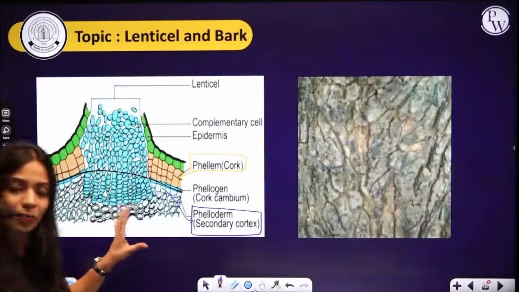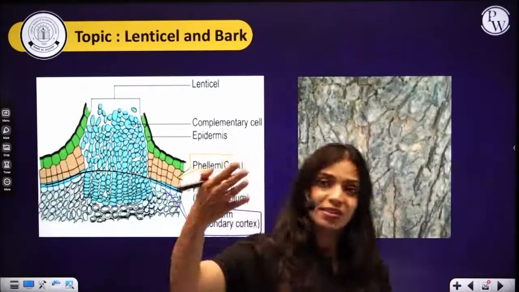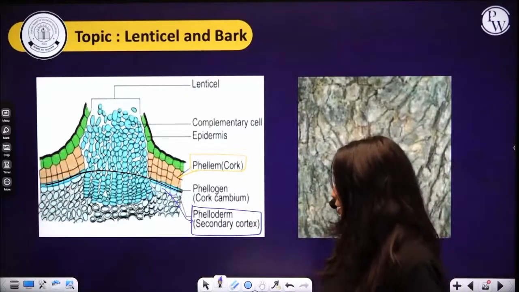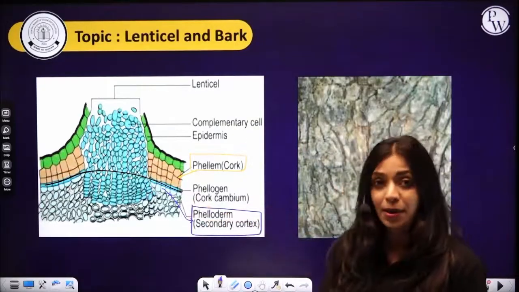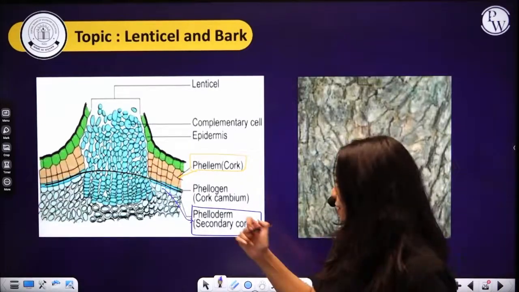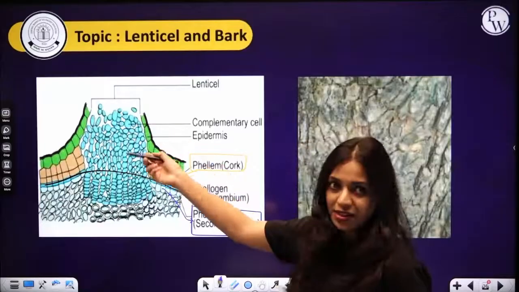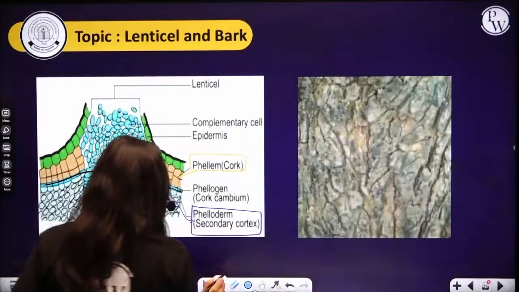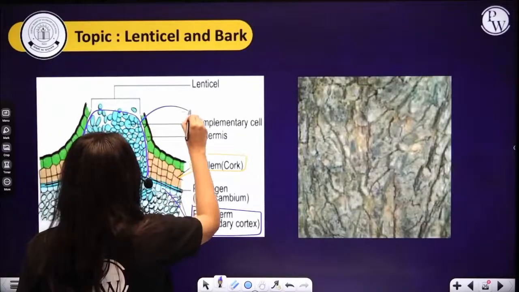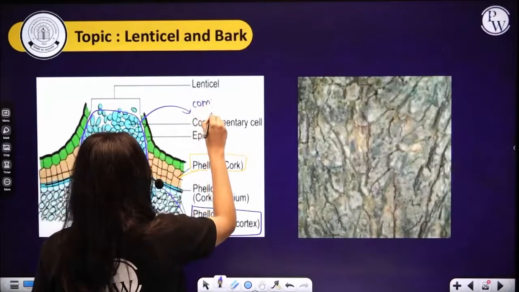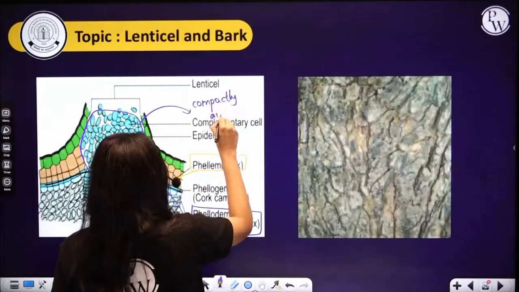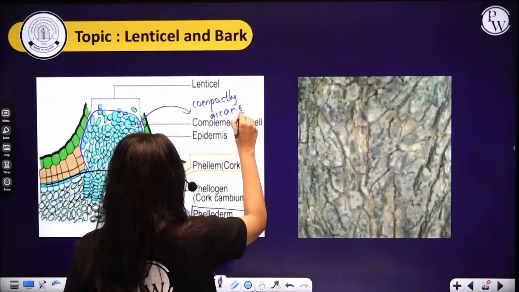Normally the cambium is supposed to give cork cells outside and secondary cortex inside. But sometimes in certain locations, instead of producing phellem or cork cells towards the outside, it will produce compactly or closely arranged parenchyma cells instead.